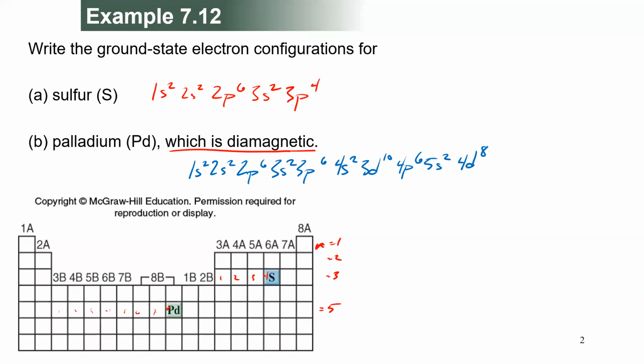Now, it's hard for us to tell based on just the electron configuration whether or not palladium's diamagnetic. So I'm just going to draw out the noble gas electron configuration. If we're talking about palladium, his noble gas is, let's see, krypton.